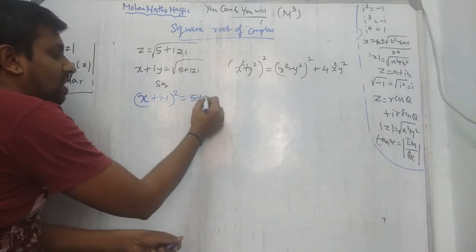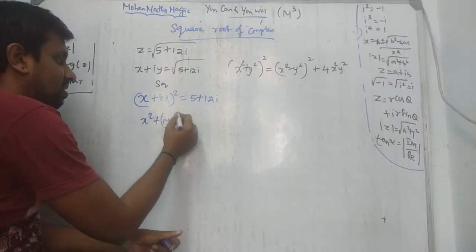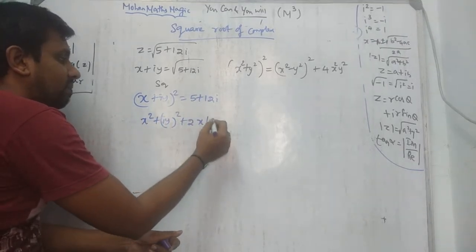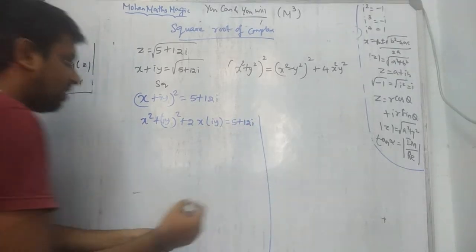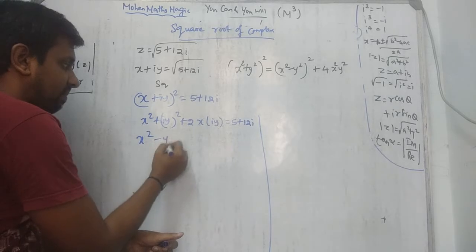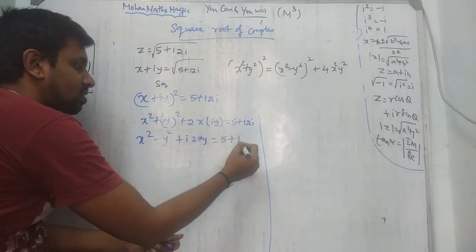Now a square minus b square plus 2ab i equal to 5 plus 12i.